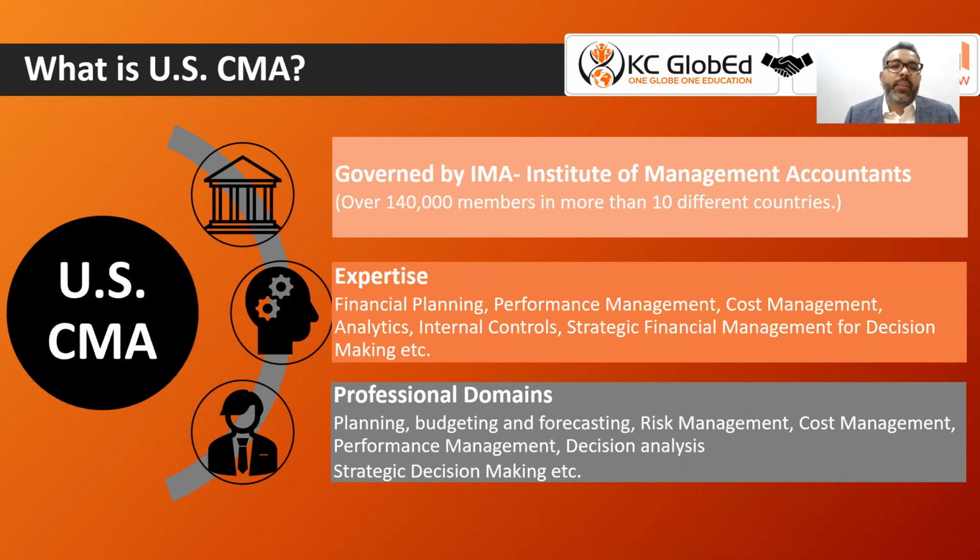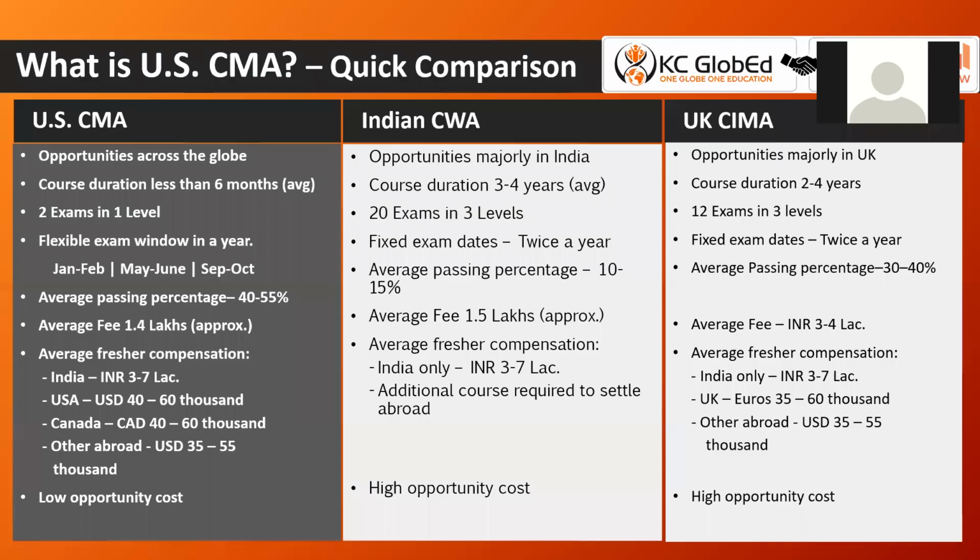In the same way, by doing CMA, you will get a deep understanding of costing, financial management and financial modeling. So you can work in cost management, performance management, or decision analysis and strategic decision making teams in the respective company, right? So these are all professional domains in which you will be working after doing a US CMA.